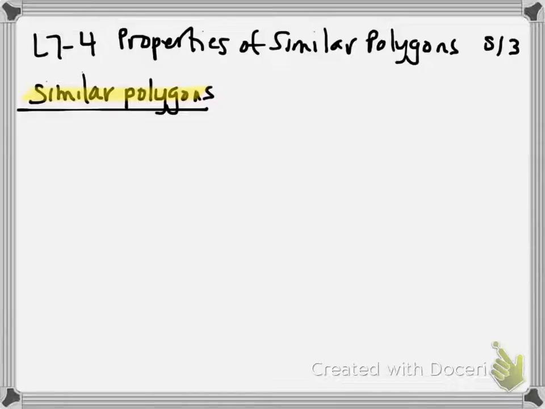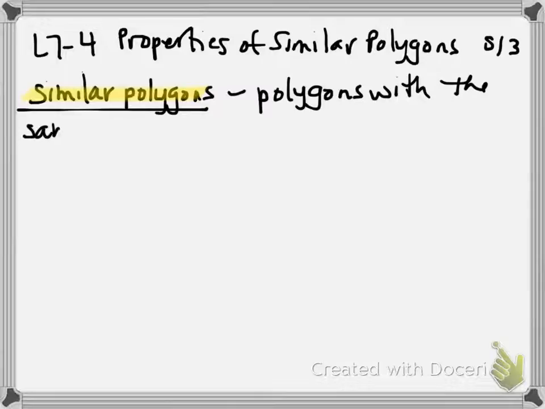So, similar polygons. We talked about this. They are polygons with the same shape. But in order for them to be the same shape, there needs to be something that's the same between the two figures.